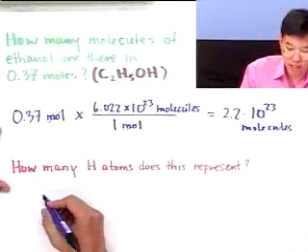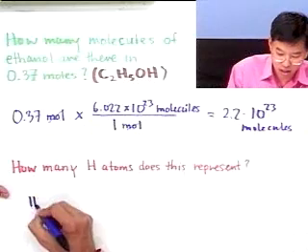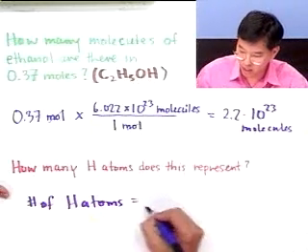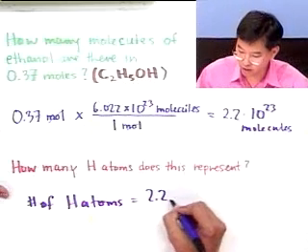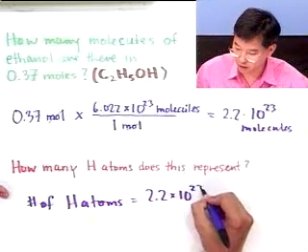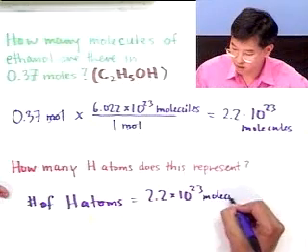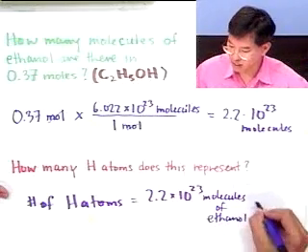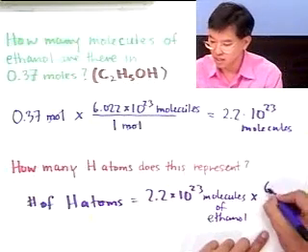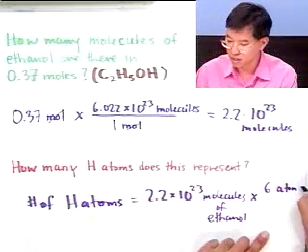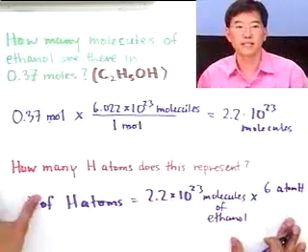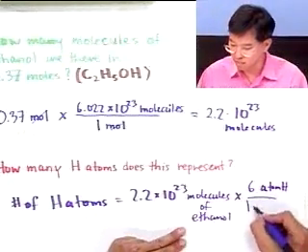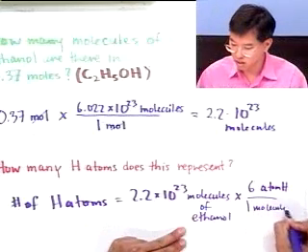So if we want to know the number of hydrogen atoms, we have to multiply 2.2 times 10 to the 23rd molecules of ethanol, to be explicit, times 6 atoms of hydrogen per 1 molecule of ethanol.